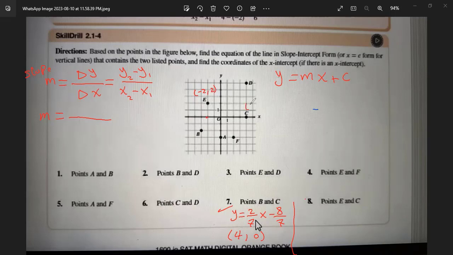C is still (4, 0). Okay. This is our target line here. This is the line we are after.